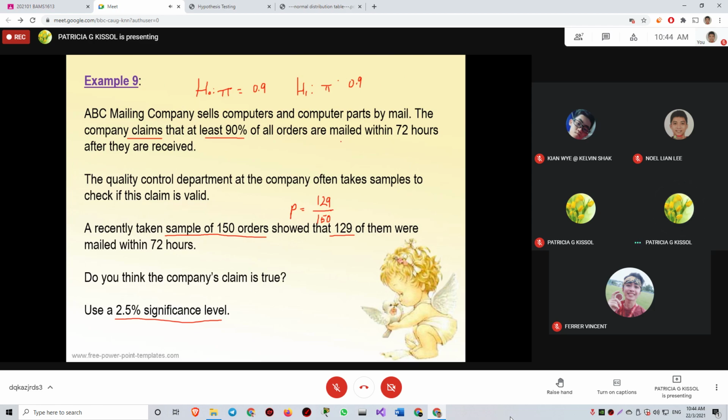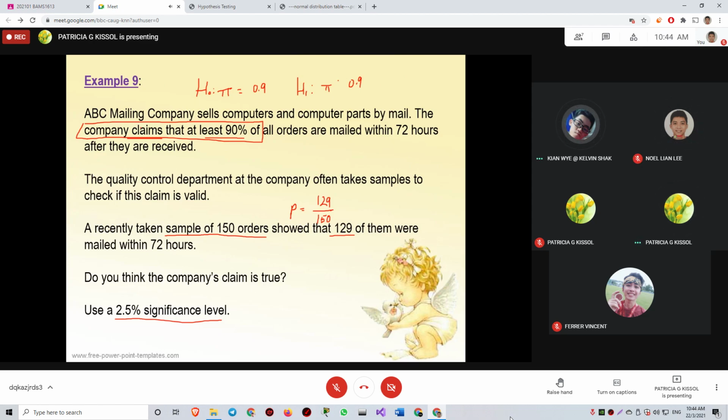Oh dear. A company claims that at least 90%. That means this is where I got it confused. The company claims that at least 90%. That means at most 90%? No, it says at least 90% are male.